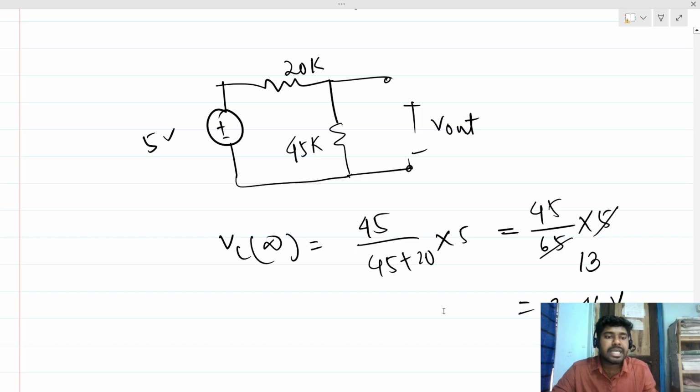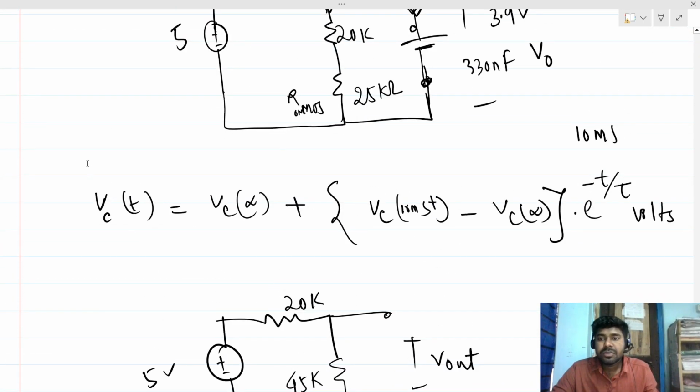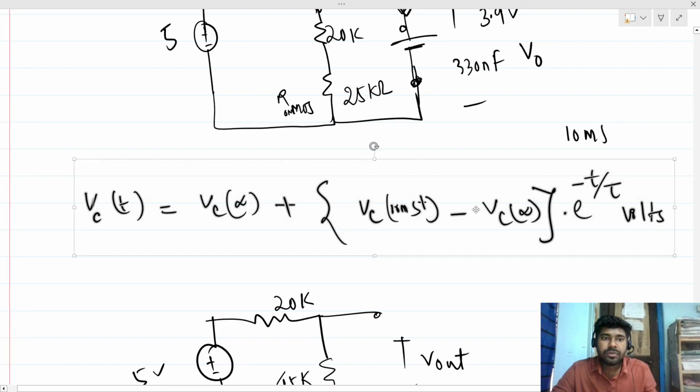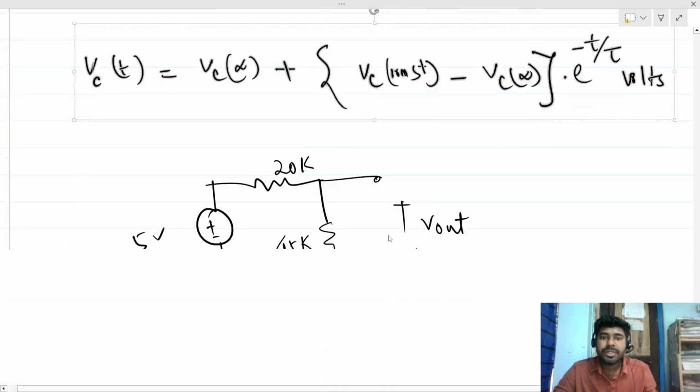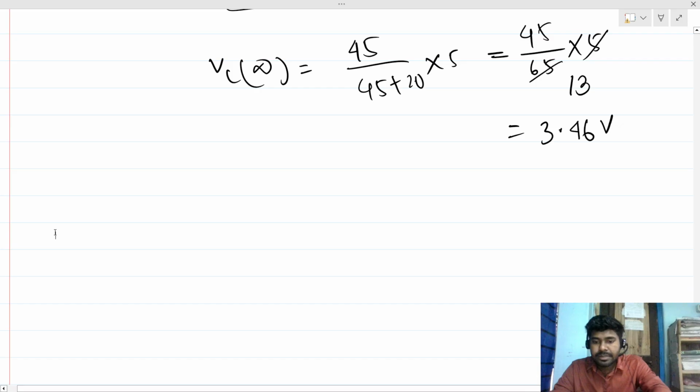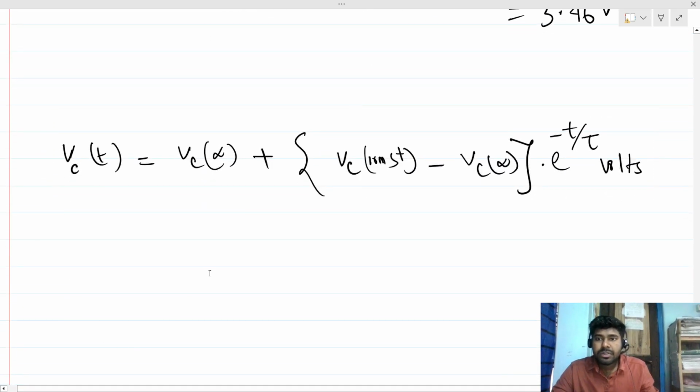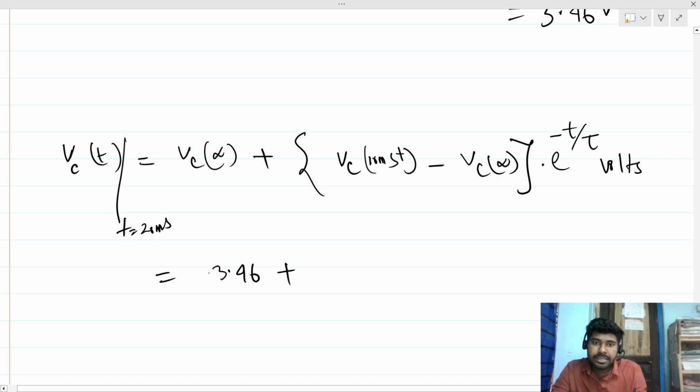So we need to put that value here. Let me copy the formula again, and paste it. Now we need to find the voltage at t equals 20 millisecond. So this is nothing but 3.46 plus... At t equals 10 millisecond the voltage cannot change instantly, right?